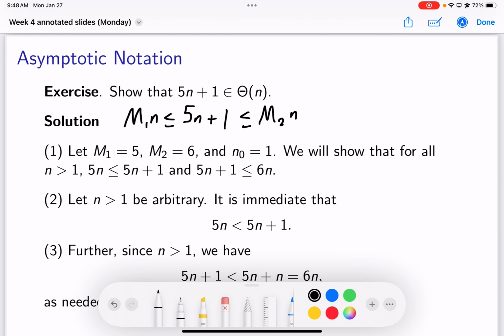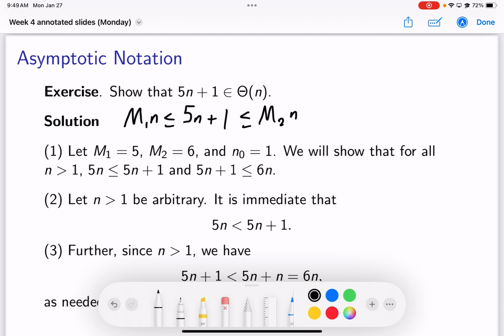There's a plus 1 on the bigger side, and they're otherwise identical. So this goes to show that when you're finding values of m, you can, a lot of the time, just guess and check. And if you find something that works, it works.